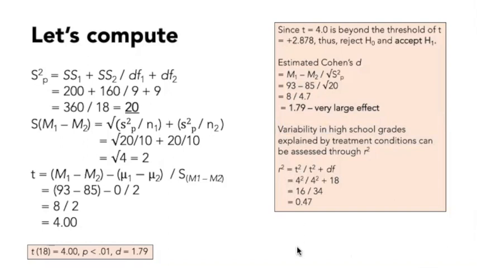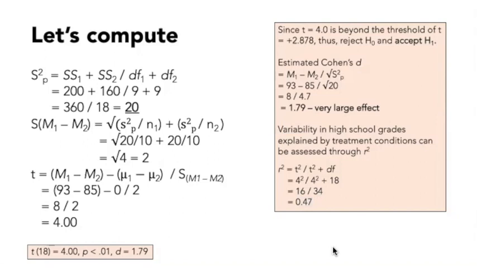So 4 squared divided by 4 squared plus 18 is 16 divided by 34, and that is 0.47. So 47%. So the variability of high school grades can be explained by the Sesame Street to a 47% based on what we are seeing here.